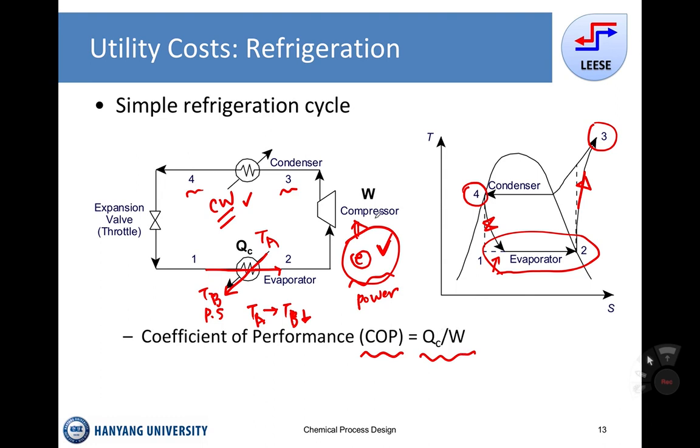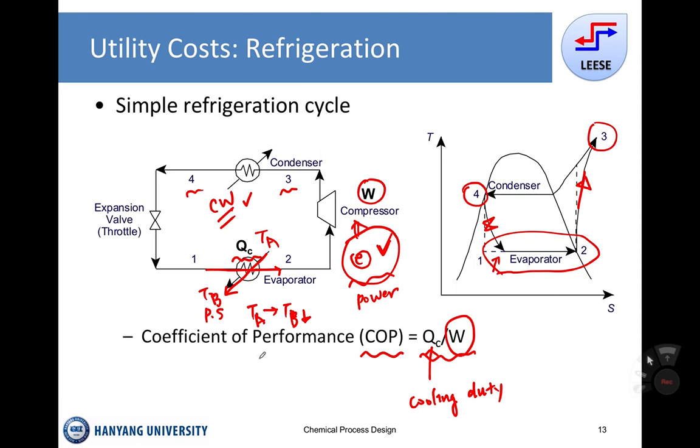The power required by the compressor is given by W, and the heat to be transferred to the refrigeration cycle is given by QC. So QC is the cooling duty of the refrigeration. Then W is the power.